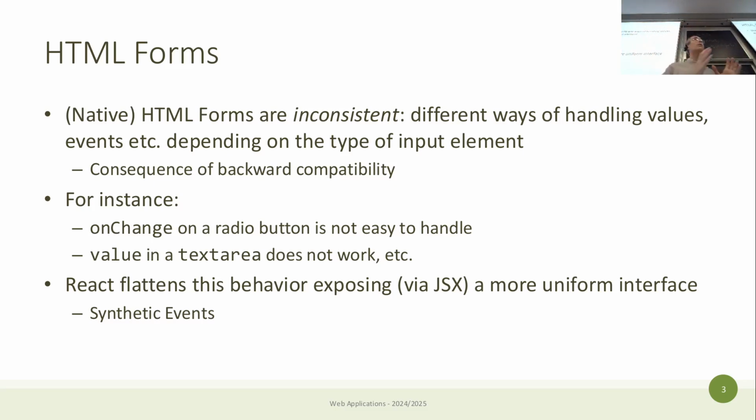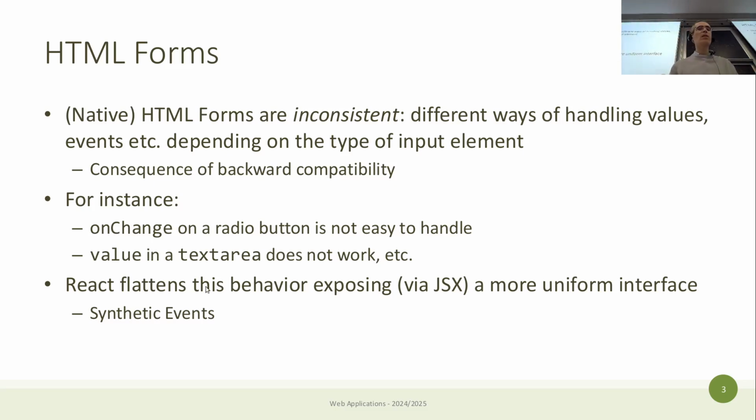Since JSX refers to the virtual DOM, we only work with JSX inside React, and so we have no problems with the ones that we just described. Events are consistent. We can use the same attributes and so on to read the content of the forms. This is good news because React takes care of mapping this consistent way of handling forms to the actual DOM, for each browser and so on.